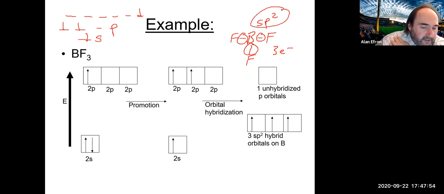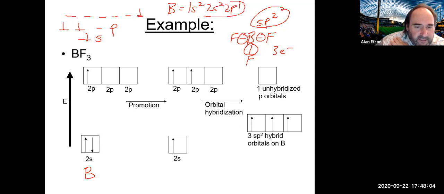What we're looking at here is boron's electrons. Boron is 5, which is 1s2, 2s2, 2p1. It has 3 valence electrons, which are these guys, 2 valence electrons here and 1 here. Same thing's going to happen as this goes through hybridization.